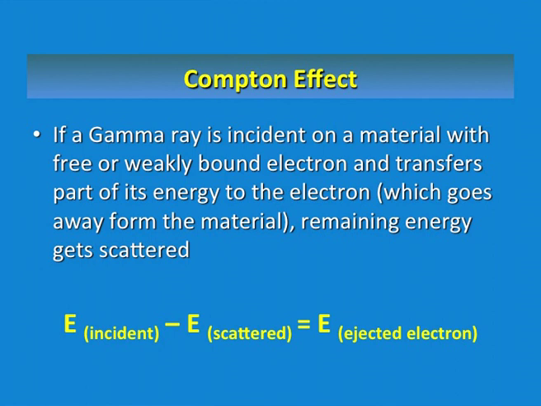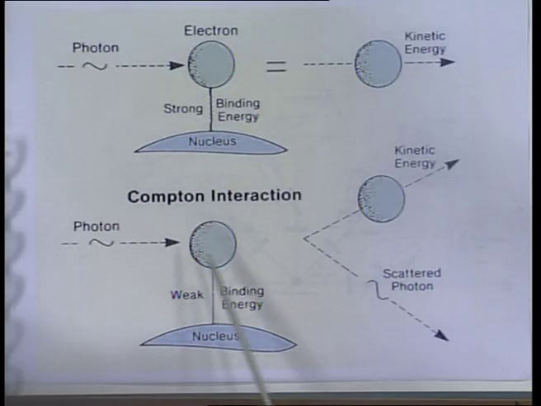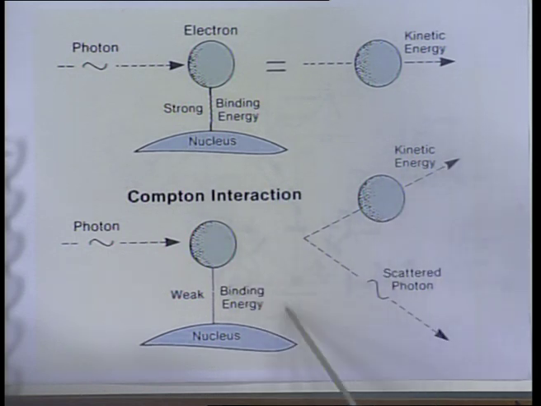The energy of the ejected electron will be equal to the energy of the incident photon minus the energy of the scattered photon. The electron is liberated and moves in this direction, and the scattered photon moves in this direction, so the scattered photon makes an angle with the incident direction.